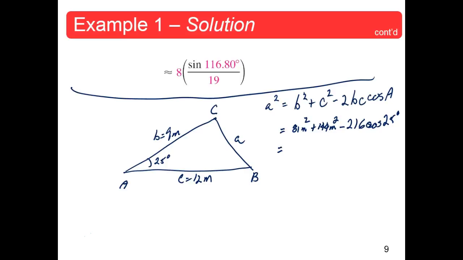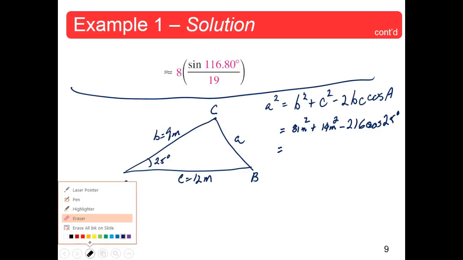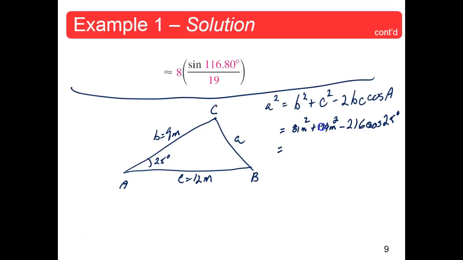Now, I think you're going to have to use a calculator. I can't read my writing there. 12 squared is 144, and it looks like I wrote 114. I don't know why it came out that way. You're right, 144. That's what it was. Duh. 144 square meters. So 81 plus 144 minus 216 times the cosine of 25.